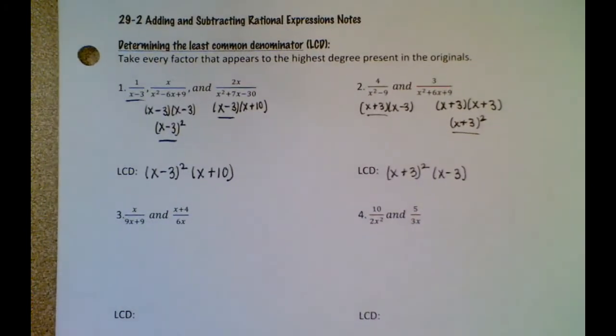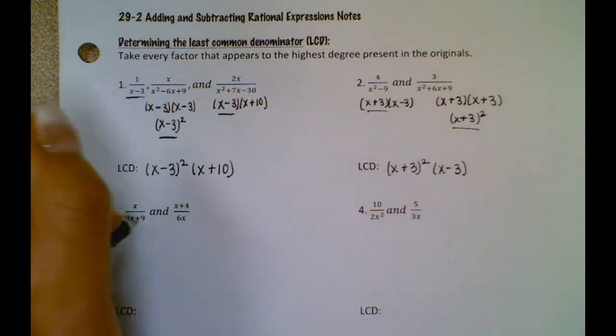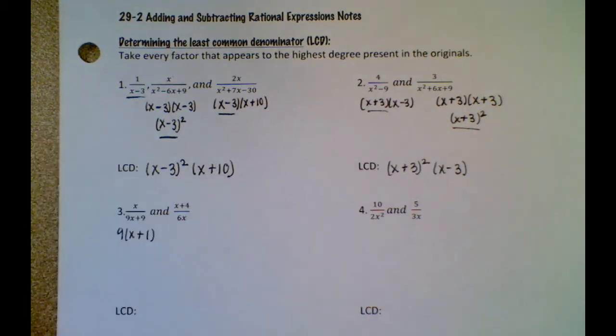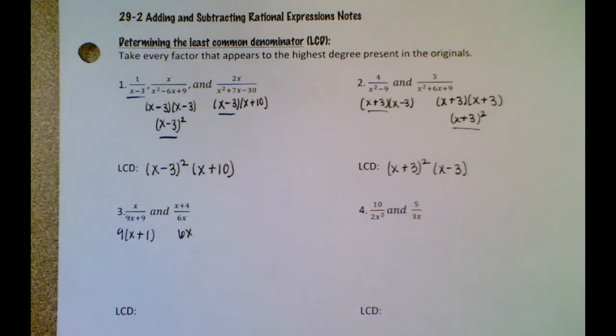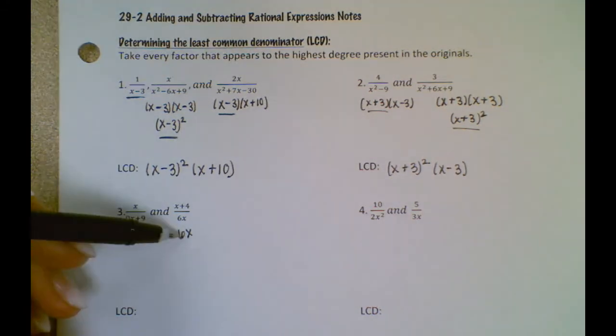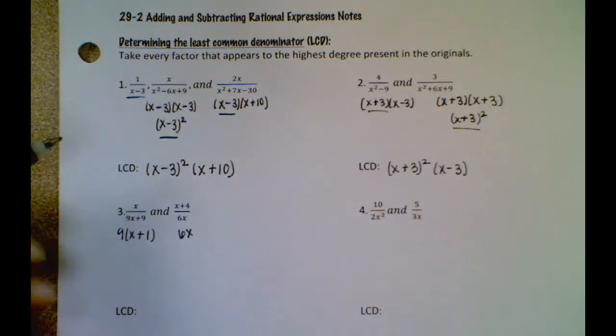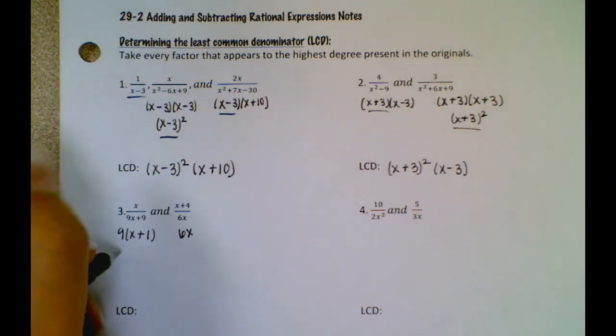All right, number 3. So I can take a GCF out of 9 here, so 9 times x plus 1. And then over here, this is just 6x. Nothing changes there. Now, we have this 9 and this 6. It's the number out in front of the x's, right? The coefficients. We didn't have that in problems number 1 and 2. But down here, we're going to have to look at their multiples, okay? We want to find the least common multiple of these numbers.